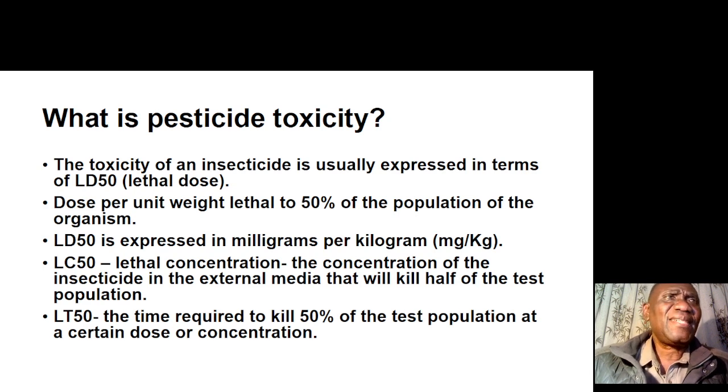This is the concentration of the insecticide in the external media that will kill half of the test population. With LD50, the test animal has to get the pesticide inside its body.